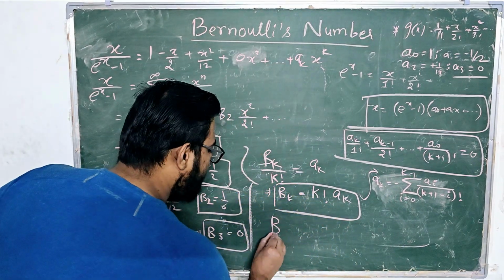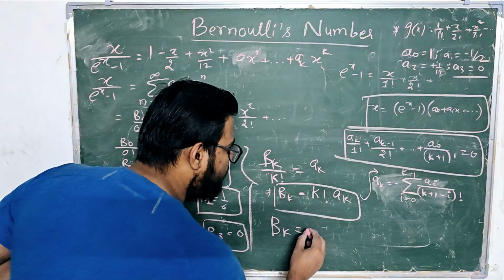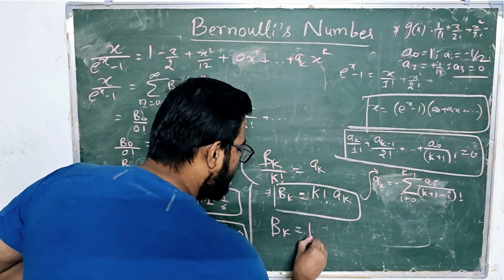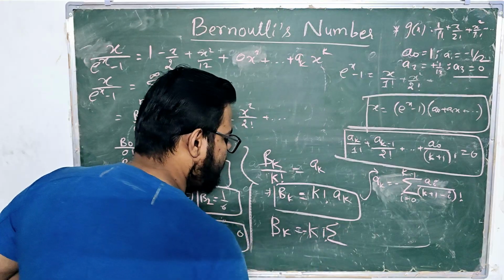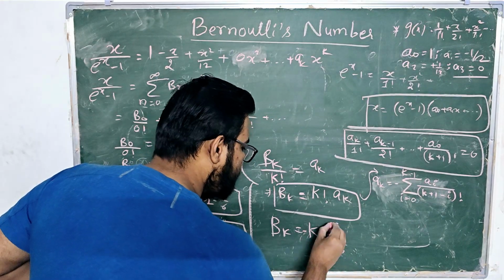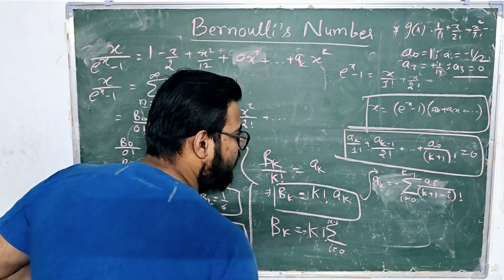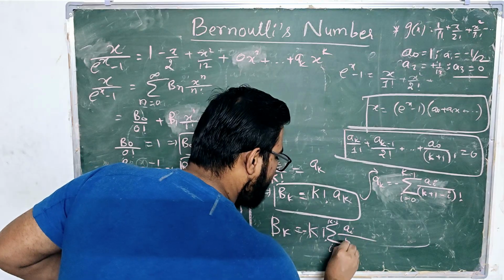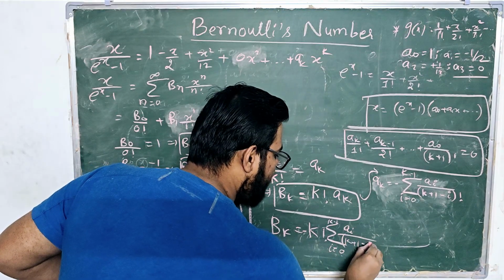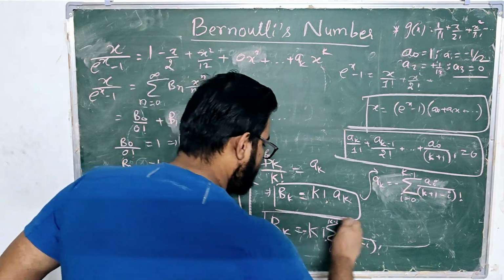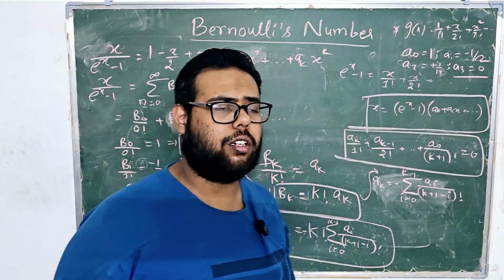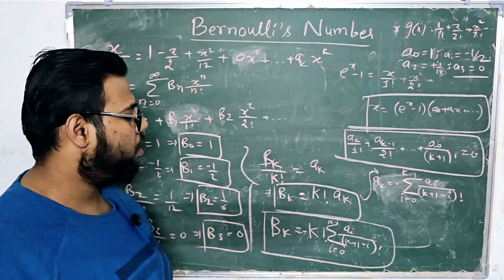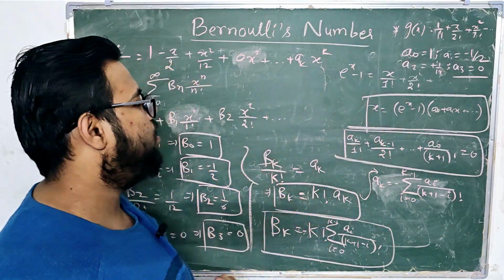So you can write bk is equal to k factorial times negative the summation i goes from 0 to k minus 1 of ai divided by k plus 1 minus i factorial. Correct? Okay. So this is the general formula for Bernoulli's number.